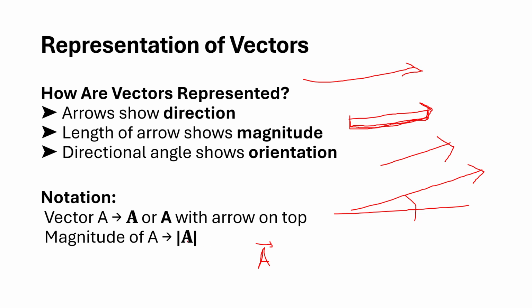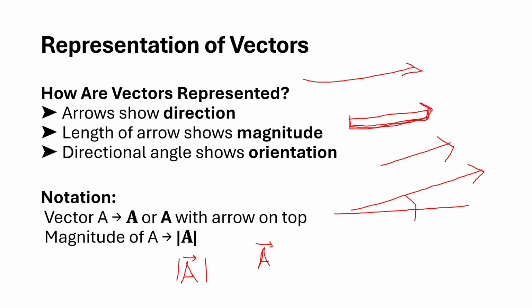So this is the magnitude, and it can also be represented like this, having the same vector, arrow on its top and bars on both sides. This is also a way you can represent the magnitude of the vector.